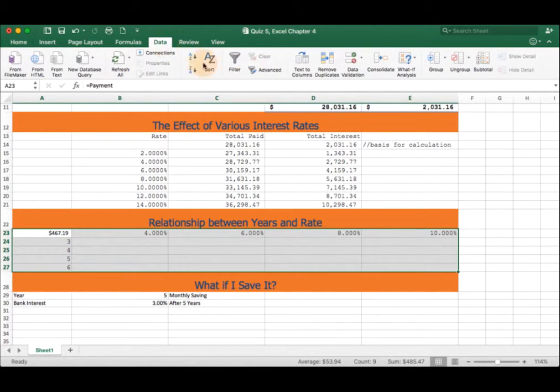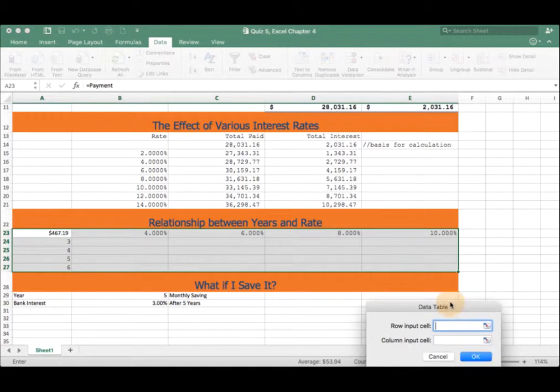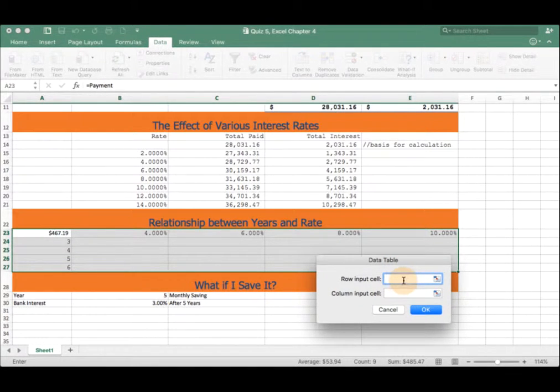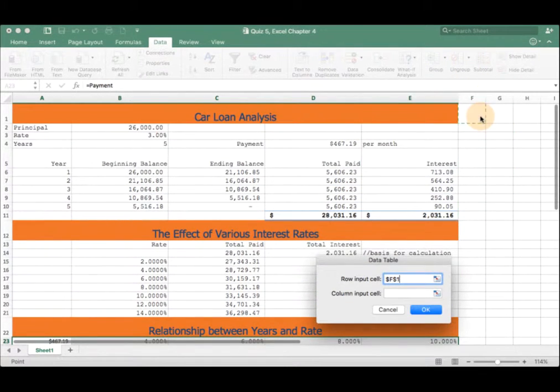We go to the data table tool, okay, what-if analysis, data table, and row input cell, we are going to specify what is going to be our row input cell. As you can see, the row input cell here is actually our percentage, our rate. So scroll up, pick rate here, and the column input cell, of course, is going to be the number of years.